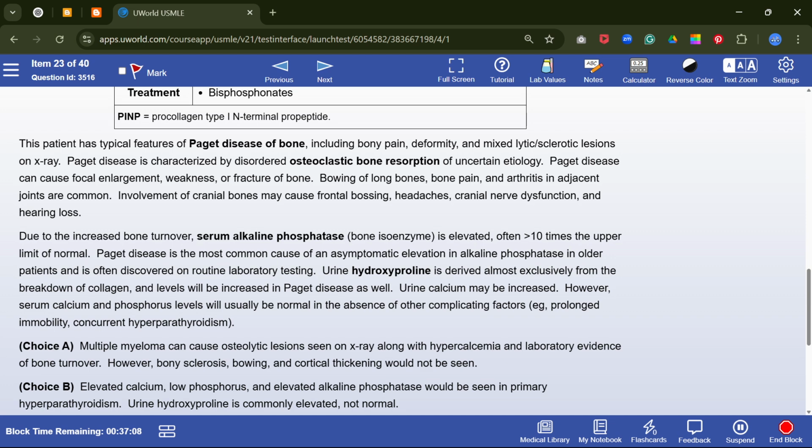Paget's disease is the most common cause of asymptomatic elevation of ALP in older patients and is often discovered on routine lab testing. Urine hydroxyproline is derived almost exclusively from the breakdown of collagen, and levels will be increased in Paget's disease as well. Urine calcium is increased. However, serum calcium and phosphorus levels will be normal in the absence of other complicating factors, such as prolonged immobility or concurrent hyperparathyroidism.